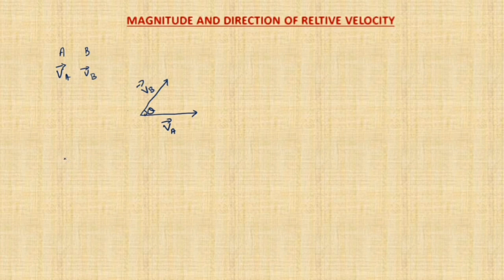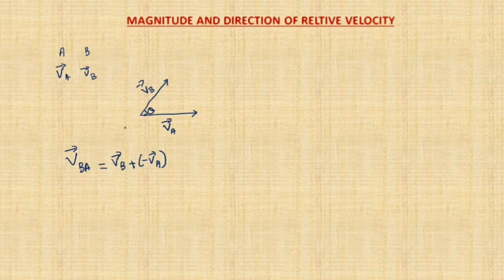Now let's find the relative velocity of B with respect to A. What is the general equation? VBA is equal to VB minus VA, that is, VB plus minus VA vector. To get this VB minus VA in the diagram, the VA vector should become minus VA.